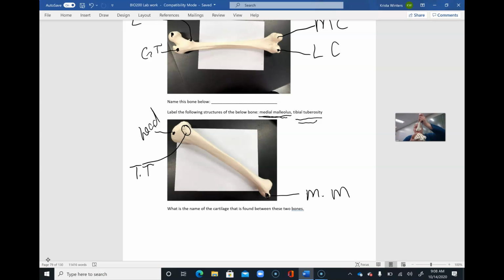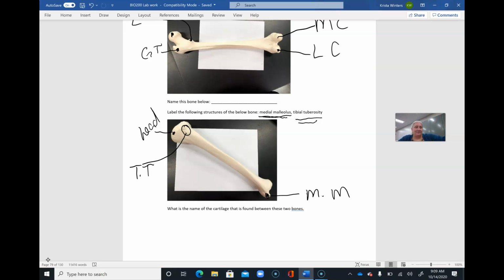And what's interesting about that is, if you look here, there's your foot. It's your medial ankle bone. So if you've ever felt your ankles, your ankle is part of the tibia. It's that medial malleolus.